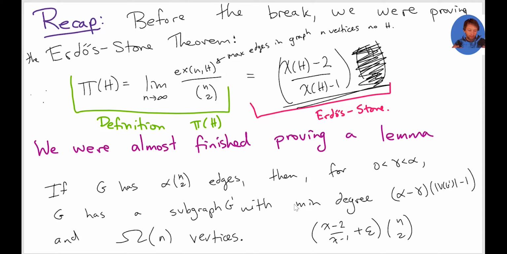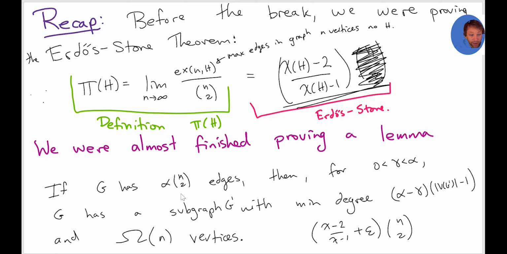And we had this two-step idea. First, I could take this graph and find a subgraph which has large minimum degree. And the second step was, inside of that graph of large minimum degree, I want to find a complete multipartite graph where the number of parts is the chromatic number of H and where the parts can be as big as I want. Let's not worry about the whole big picture right now.